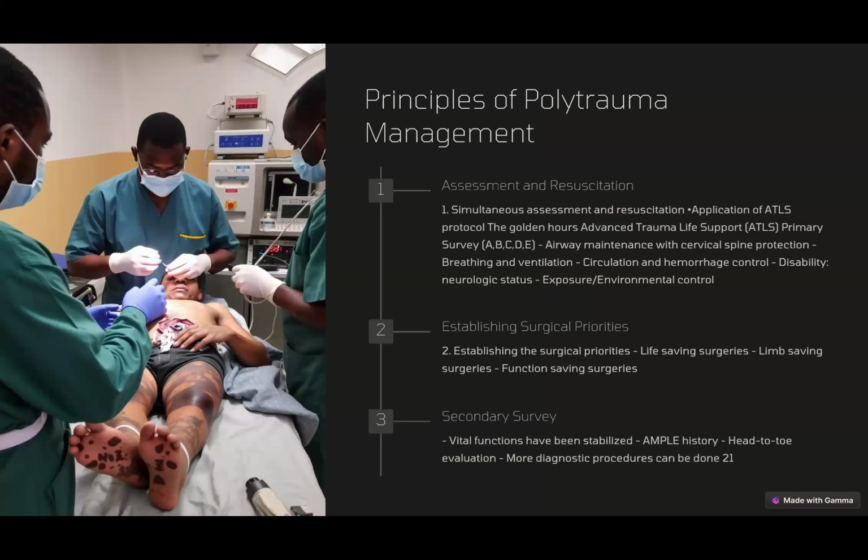Okay, so for the principles of management for polytrauma patients, they're divided into different phases.